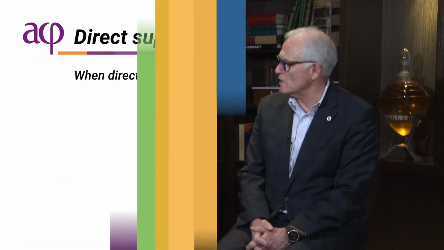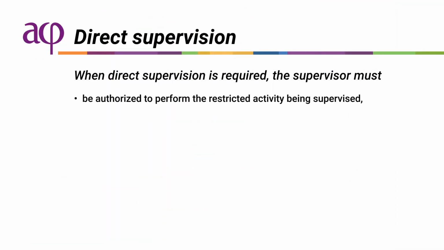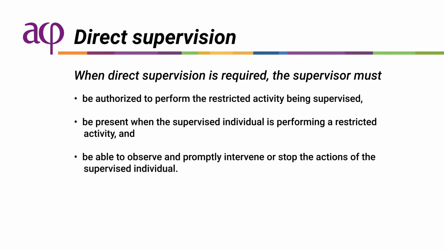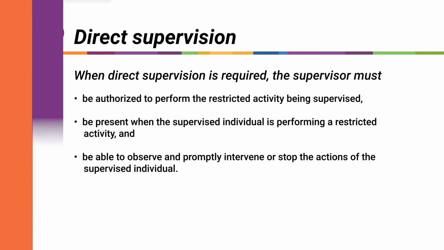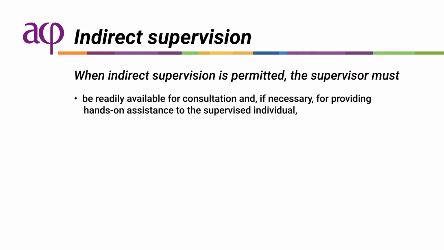Direct supervision requires that the supervisor must be authorized to perform the restricted activity being supervised, be present when the supervised individual is performing a restricted activity, and be able to observe and promptly intervene or stop the actions of the supervised individual. When indirect supervision is permitted, the supervisor must be readily available for consultation and, if necessary, for providing hands-on assistance to the supervised individual.